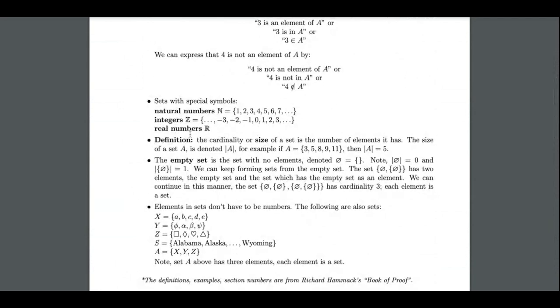Natural numbers are counting numbers: 1, 2, 3, 4, increasing by 1. Integers go from negative up to positive. Real numbers are difficult to represent this way, so we use a number line. Basically, we draw a line with an arrow to the right.